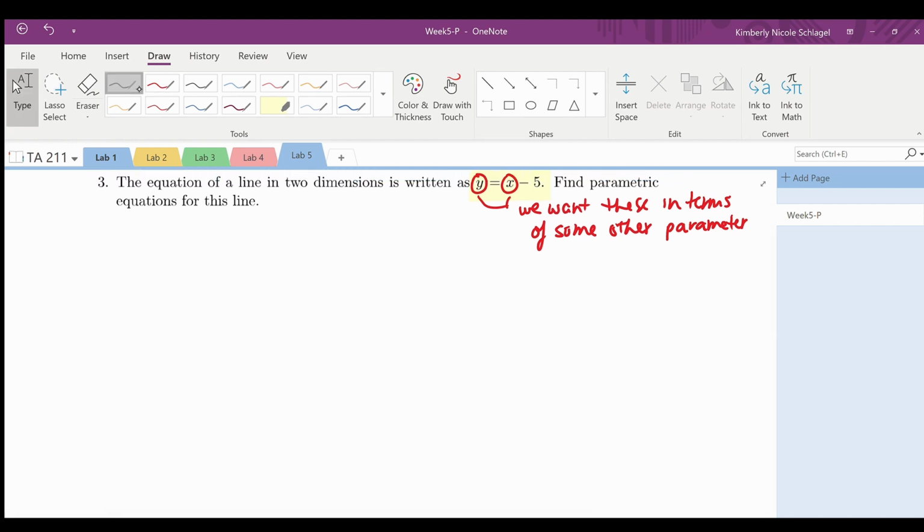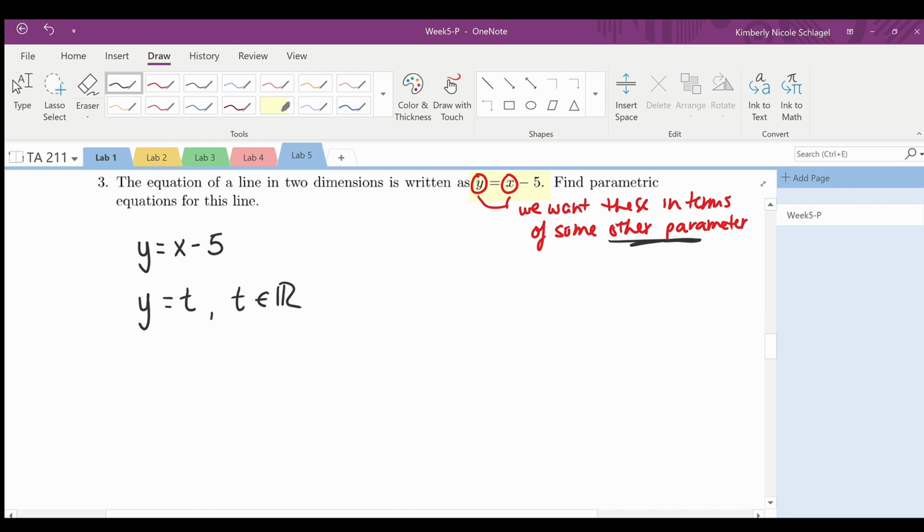We have that y equals x minus 5. Since y equals x minus 5, and we want to write both of these in terms of another parameter, let's just say y equals t, where t is some real number.